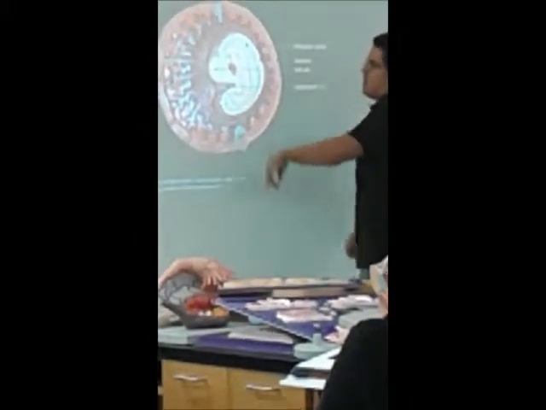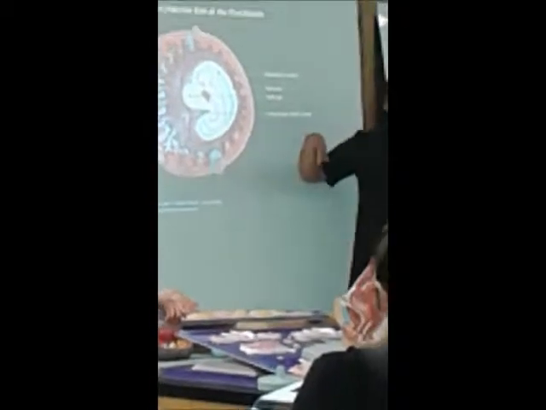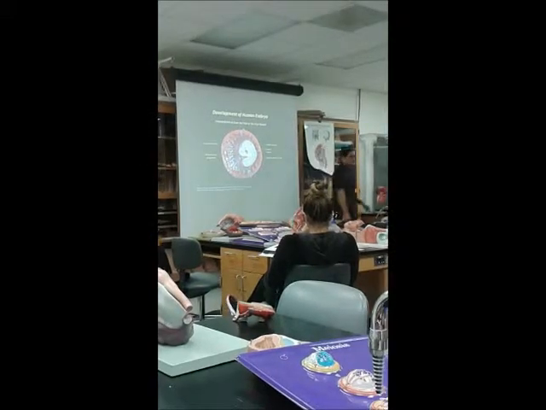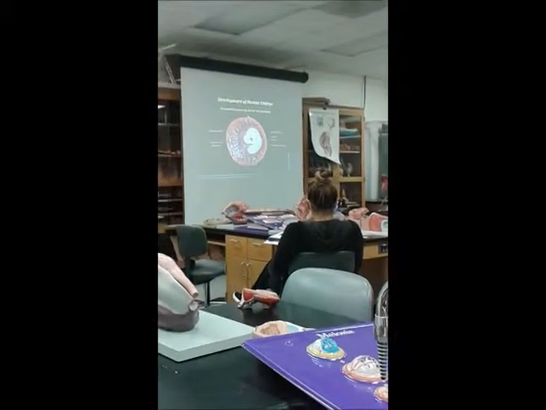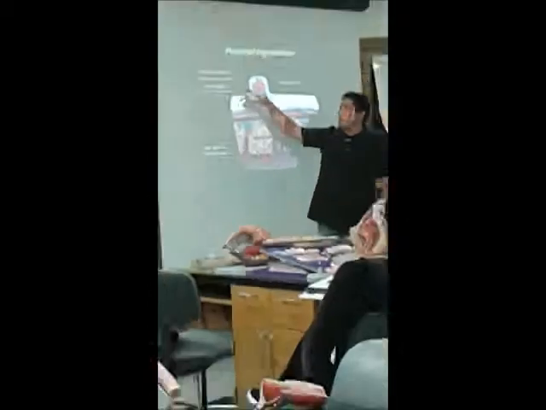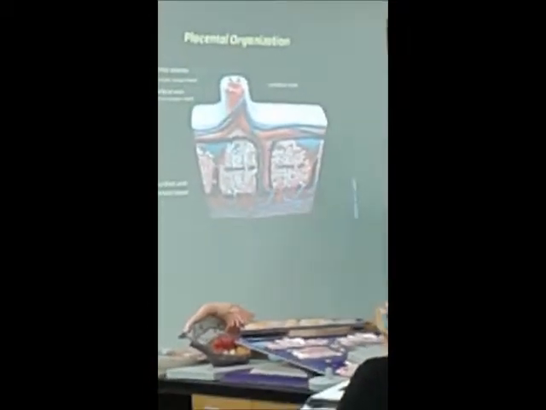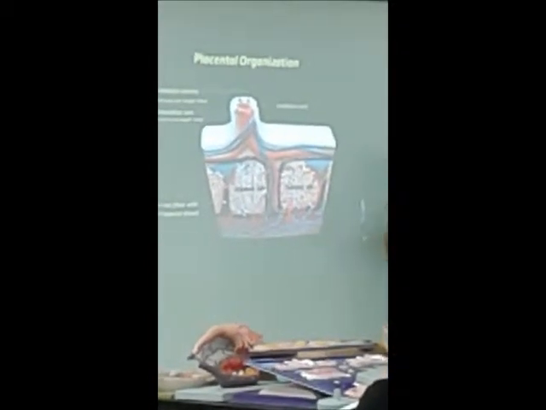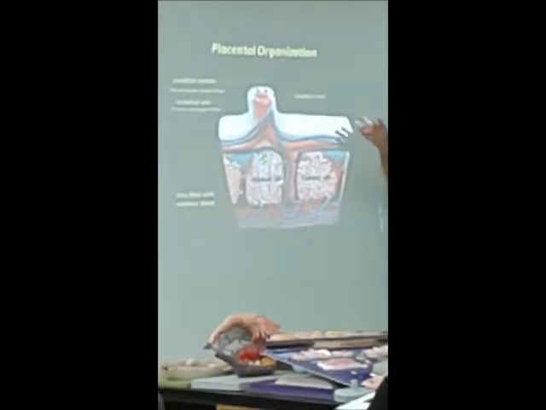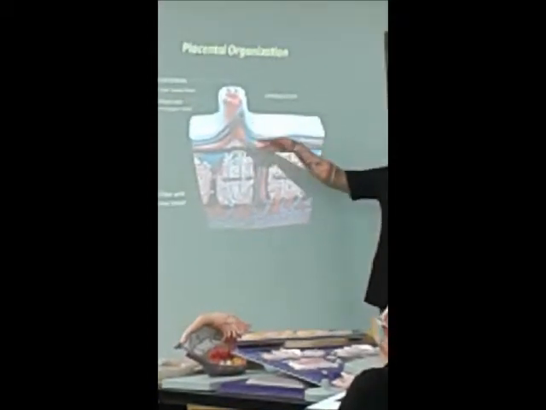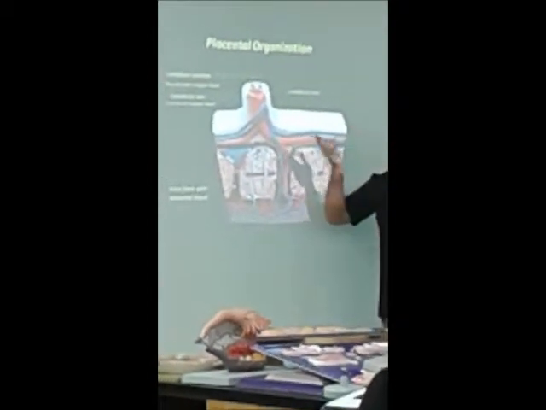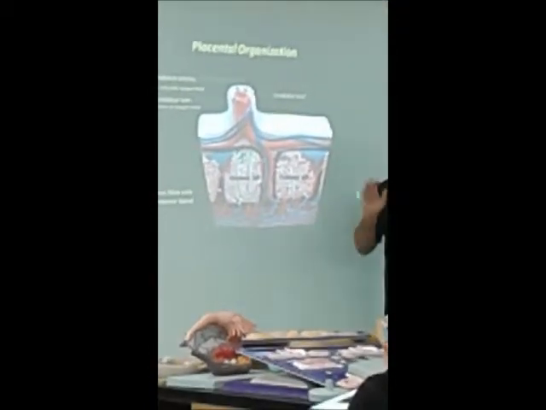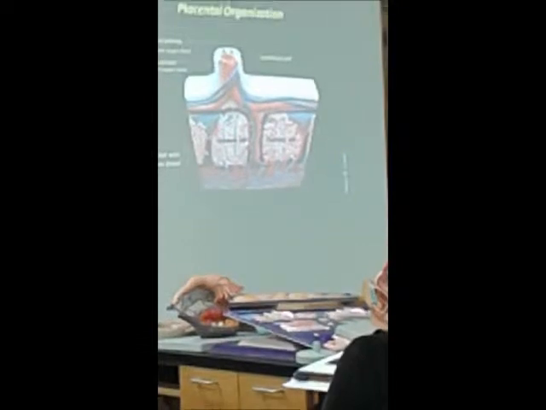So this will be the trophoblast, and these will be the chorionic villi, which are a portion of this trophoblast. Arteries, and the red one is going to be called the umbilical vein. So normally you have 2 veins and 1 artery, which is true in this case, but this is an exception because the veins function as arteries and the artery functions as veins. So you have 2 arteries and 1 vein. Everybody got that? Great. So that's another question.